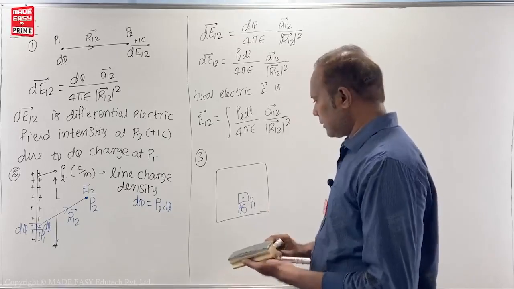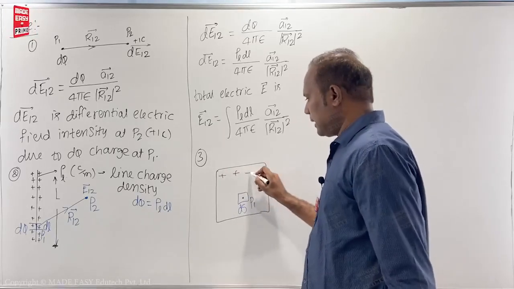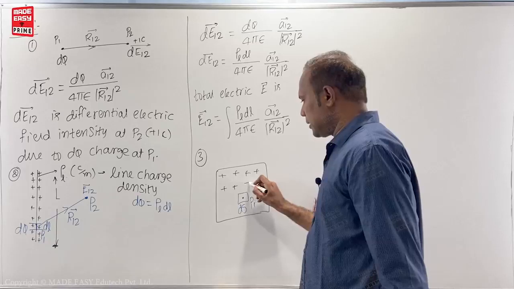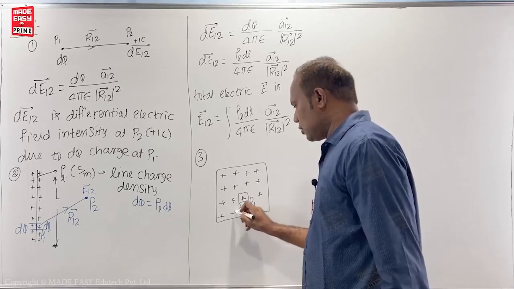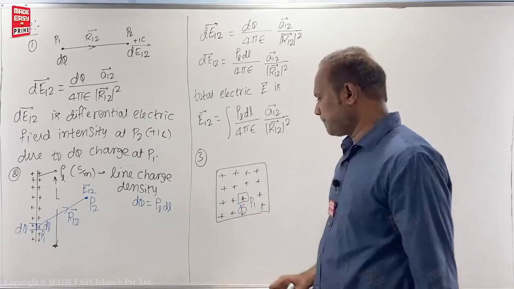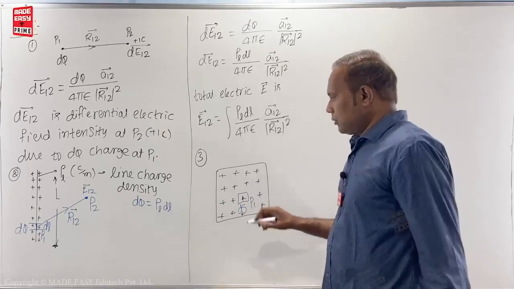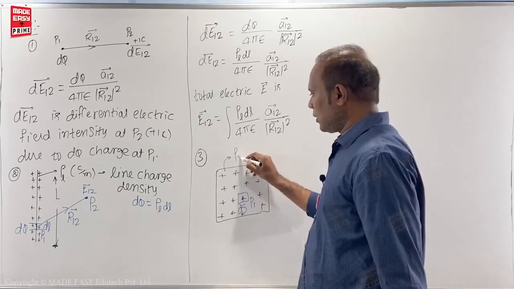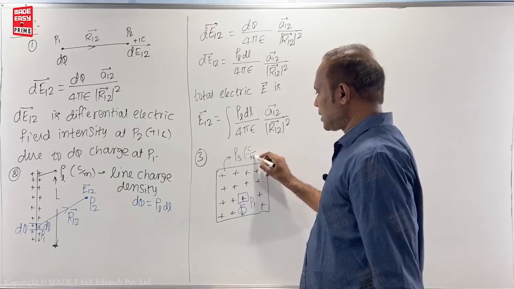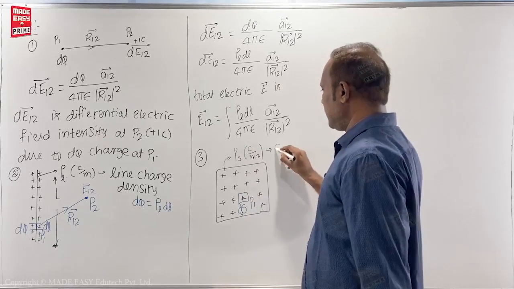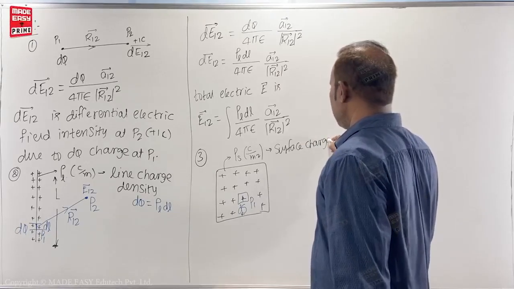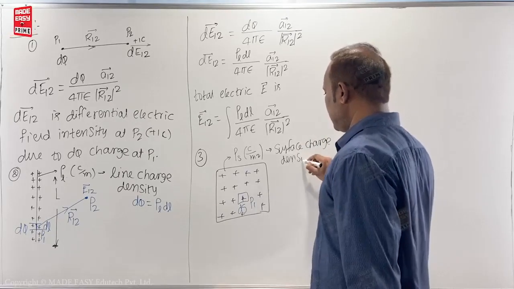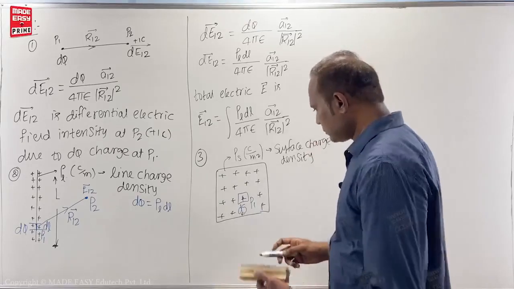Now on this surface, it is given that charge is distributed everywhere like this. Here rho s coulomb per meter square is actually the surface charge density that is present.